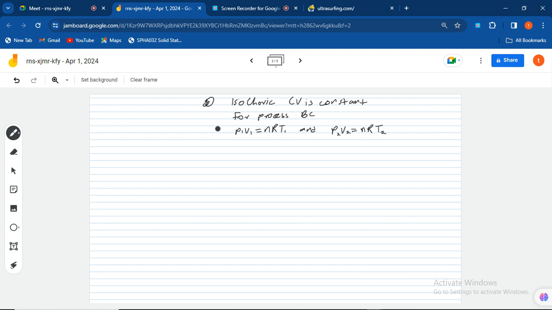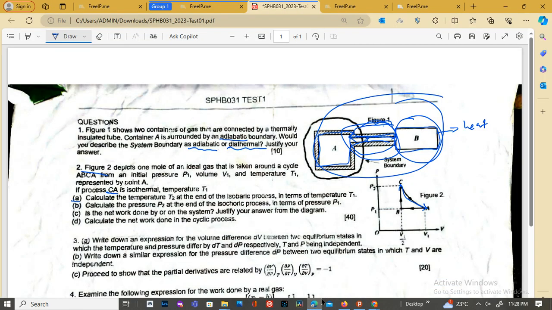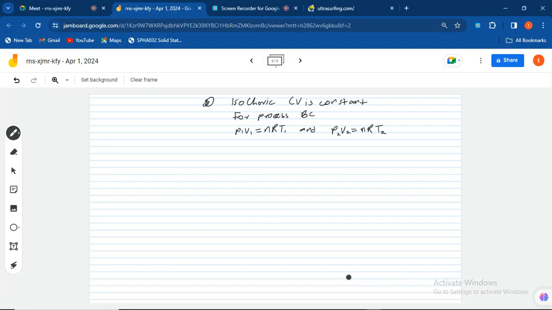Process BC in the diagram, you can see what process BC actually is. And then from there, what are we going to do now?